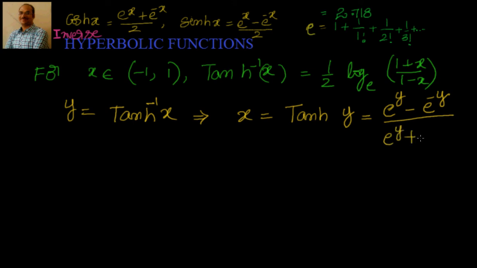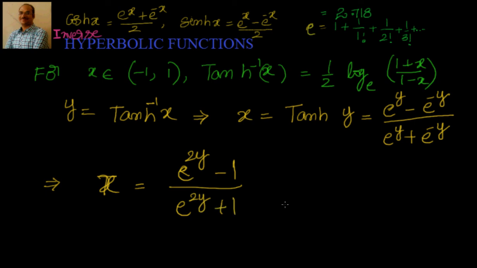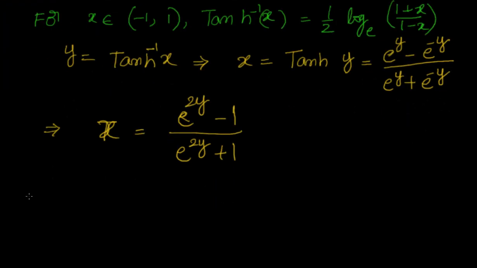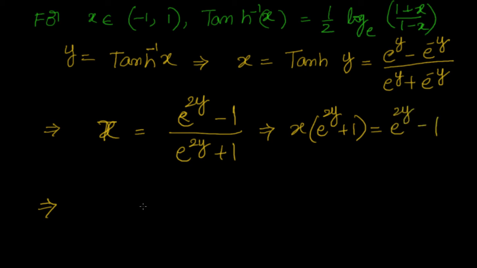That will give me e power 2y equal to 1 plus x by 1 minus x. Now if I apply logarithm on this, I will have 2y log e equal to log of this. So I will have 2y equal to log of 1 plus x by 1 minus x, which will give me y, or tanh inverse x, equal to half of log of 1 plus x by 1 minus x. This is how we can prove tanh inverse x.